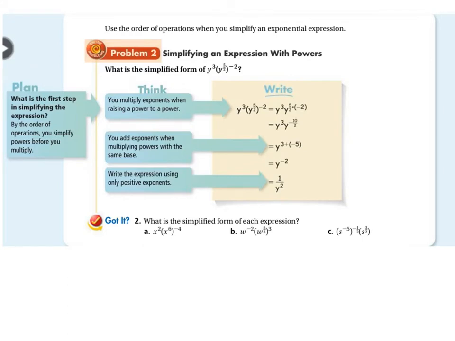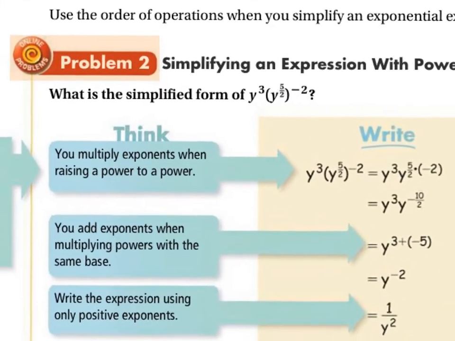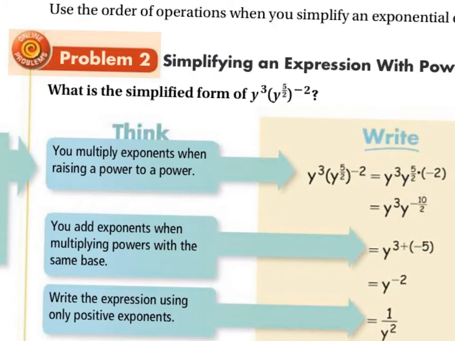Problem 2 talks about using order of operations when you simplify an exponential expression. So you want to make sure you deal with the exponents before you multiply. So basically on this problem, this is being raised to an exponent, so we can't try to say, oh, I'm going to multiply these and add these exponents together.